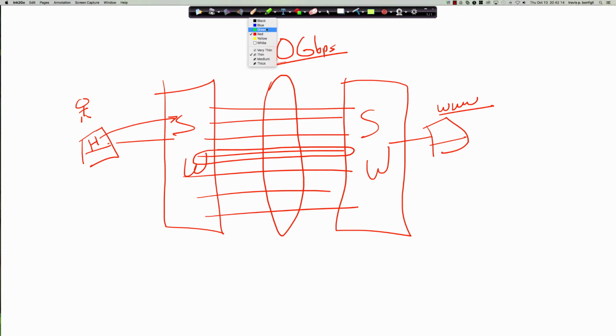And once it hashes and picks that link, it's always going to pick that link for that conversation between that source and that destination, right?